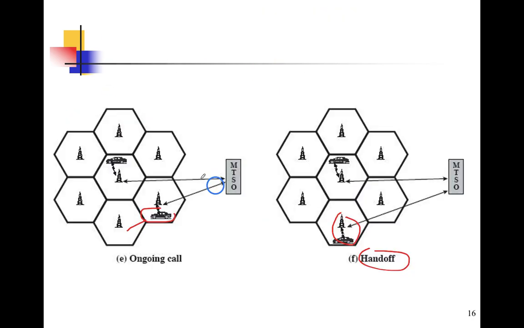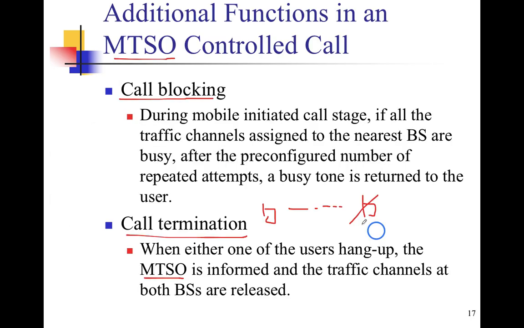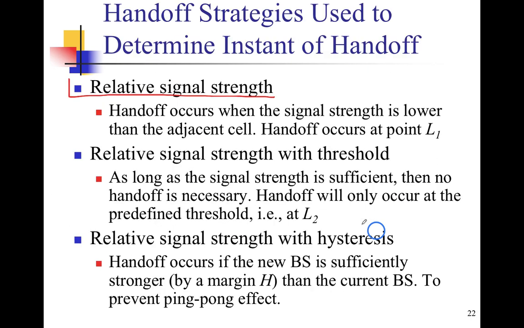For example, you need to decide when you move over here, when is the time? Is it over here, or over here, to do the handoff? So this is the answer to that particular question.